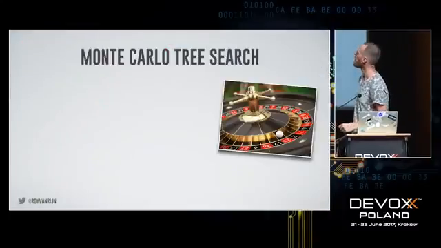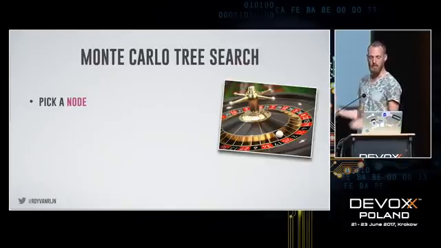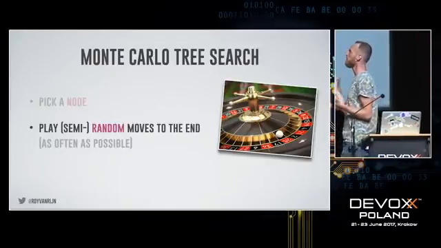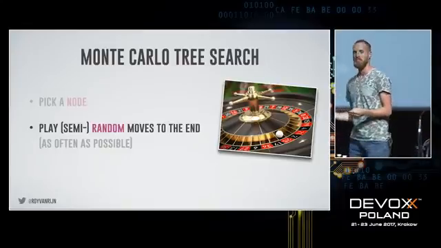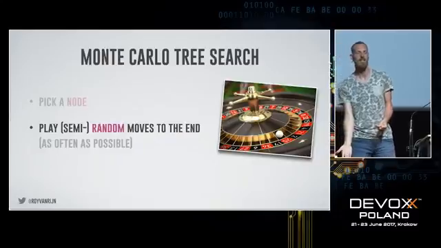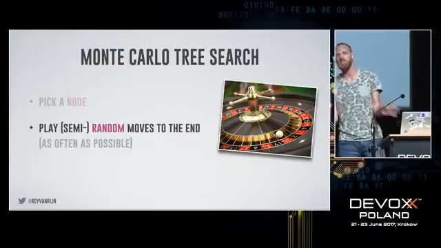How does it work? You pick a node, and you just play semi-randomly to the end. Just pick random nodes, go to the end, see if we win or not. And we do that another time, another time. We do that thousands, millions of times.